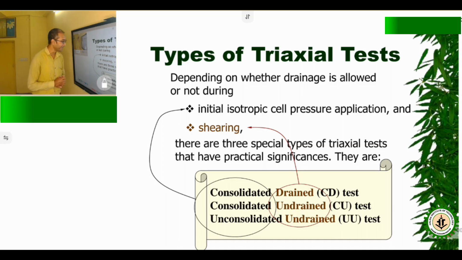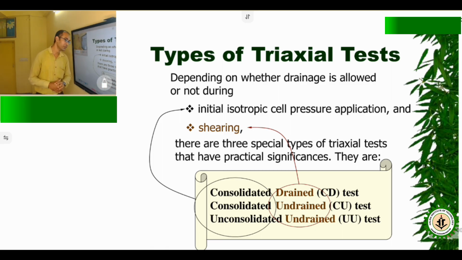Depending on whether drainage is allowed or not, with initially isotropic cell pressure applied and then shearing, there are three special types of triaxial tests with practical significance. Consolidated drained, this is the CD. Consolidated undrained, this is the CU, and unconsolidated undrained, UU.